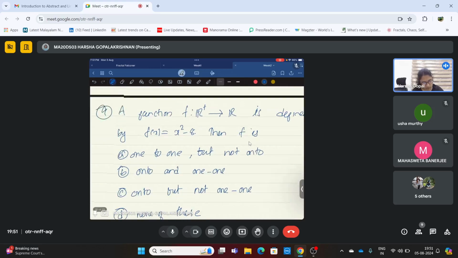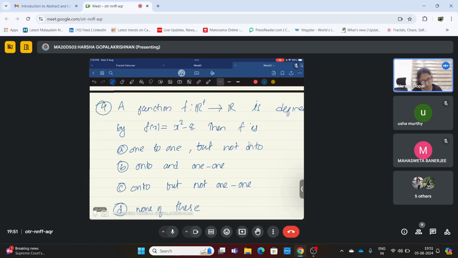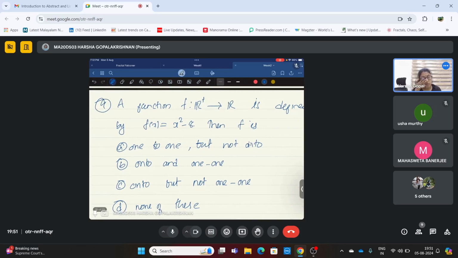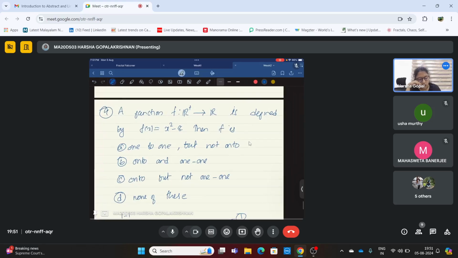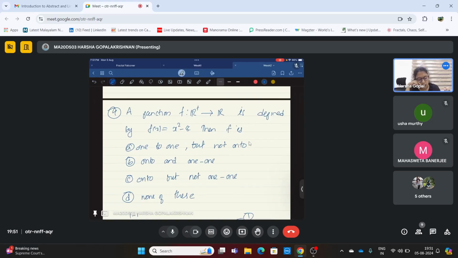Now the next question is, is this onto? Here the question is like, the codomain is R. Onto means every element in R should have a pre-image.